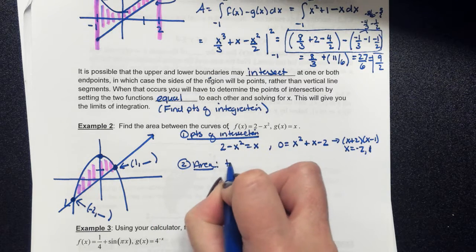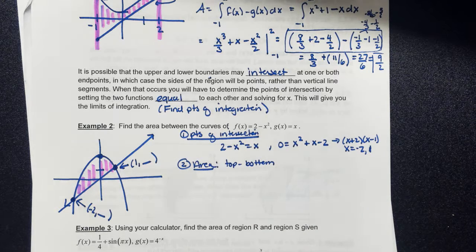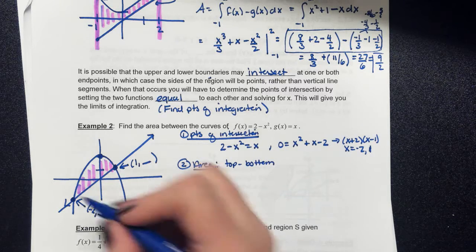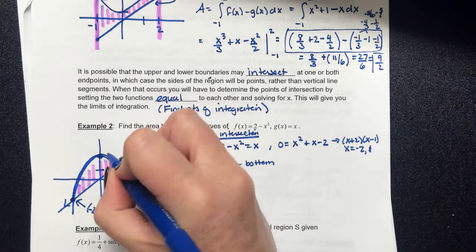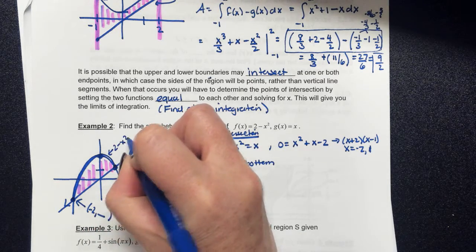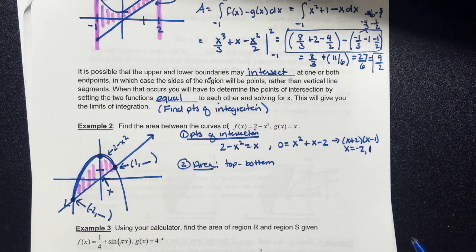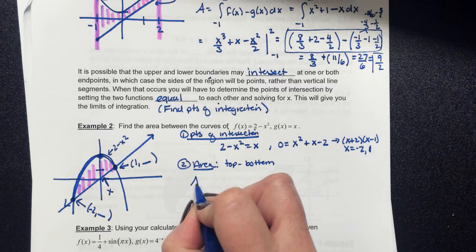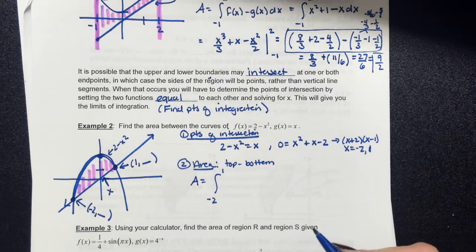Again, remember the area is top minus bottom. If you can see from the graph that you drew, the function on the top is the parabola, which is your 2 minus x squared. The function on the bottom is y equals x. So to calculate this area, it's going to be my lower bound of -2 to 1.